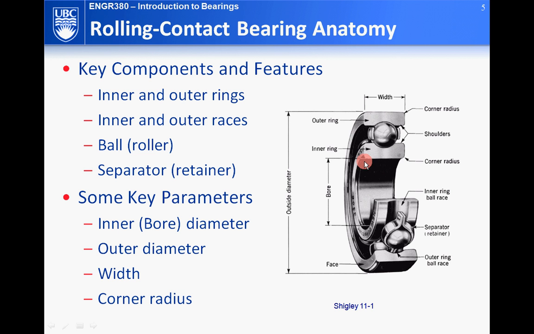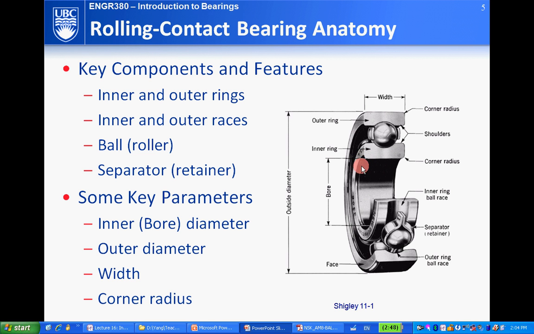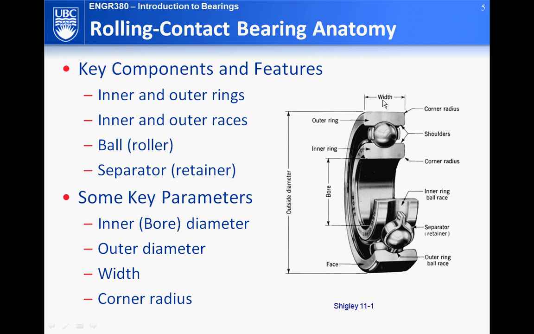Some other important dimensions when you look at the catalog or when you specify a bearing: the bore size, which is the inner diameter. Another important parameter is the outside diameter, which is basically how high it is going to be.